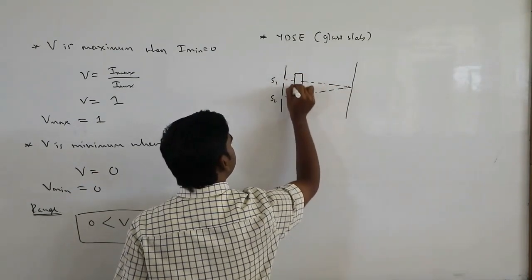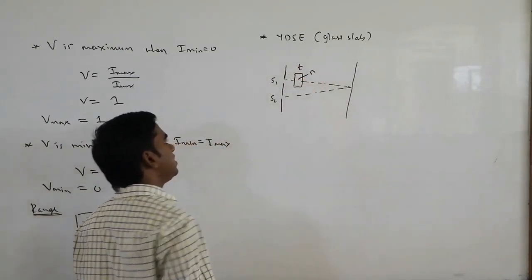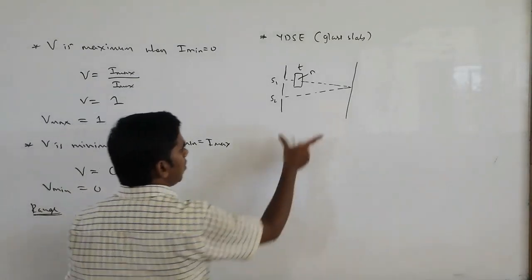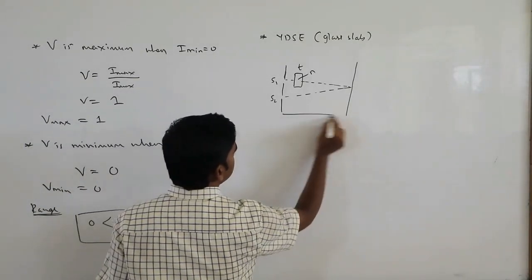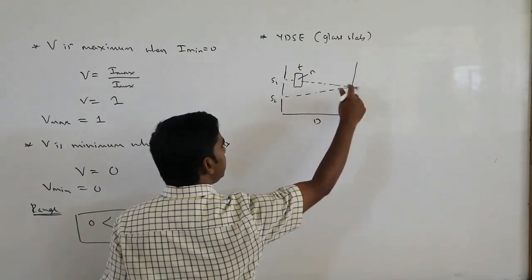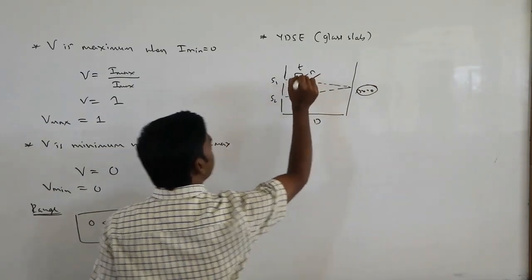In between, if you introduce a glass slab of thickness t and refractive index n, what will happen? Here the optical distance is the same. This is traveling distance D and this is also traveling distance D. D minus D, you will get delta x as 0 only, but you are introducing a glass slab.